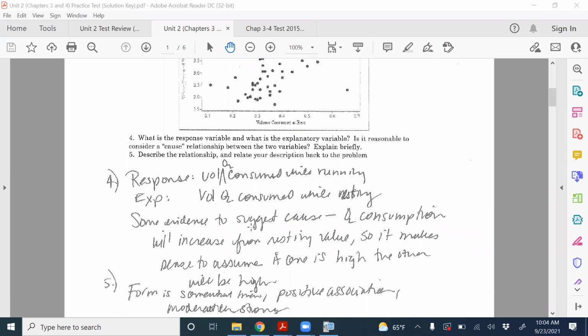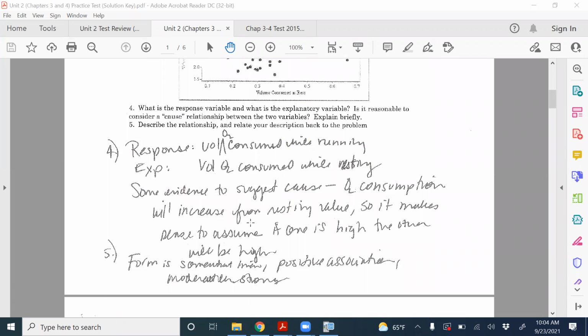Now, when you're asked to describe the relationship, you're usually going to be asked about form and association. First of all, form is basically the strength of the correlation, which looks strong.